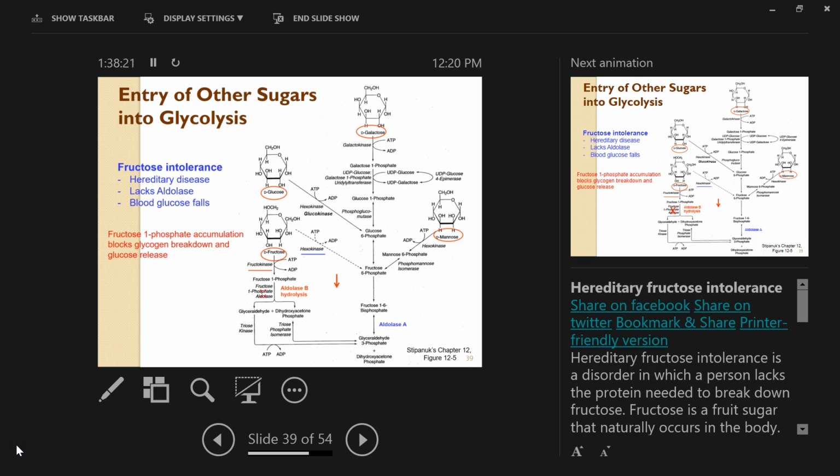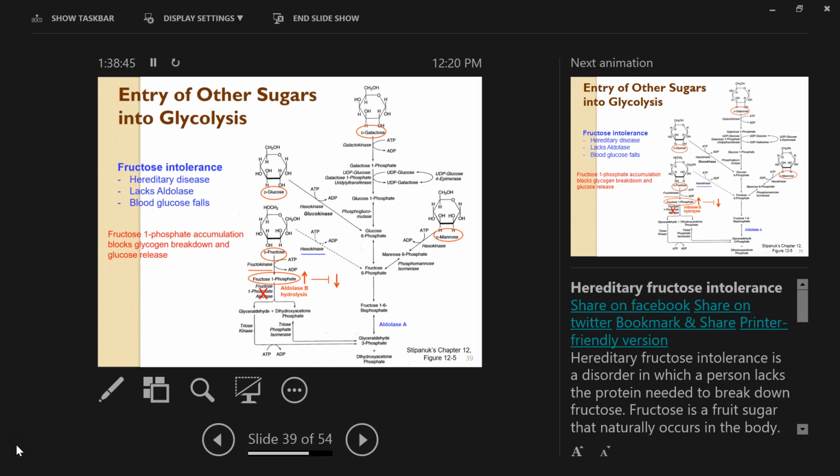In this patient, because of the lack of aldolase B, the fructose 1-phosphate will accumulate.